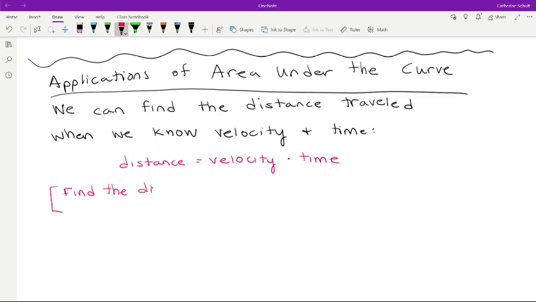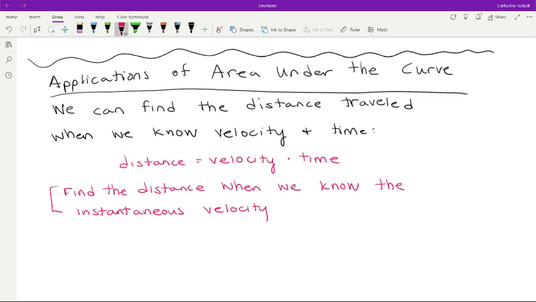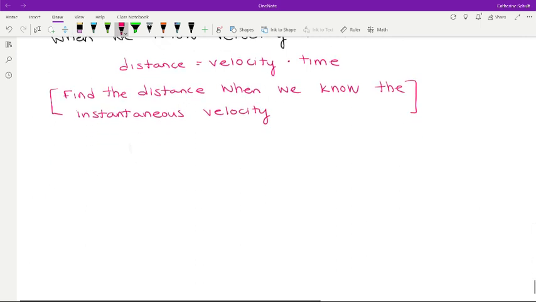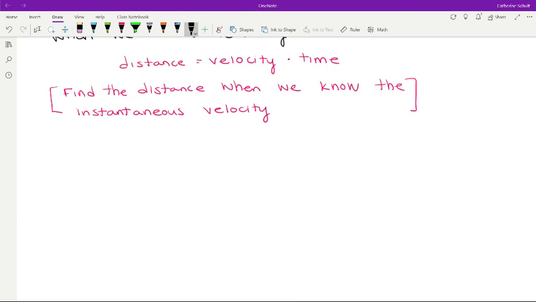So we can find the distance traveled when we know the instantaneous velocity. Okay, so that's going to be an application. How does that deal with area under the curve?